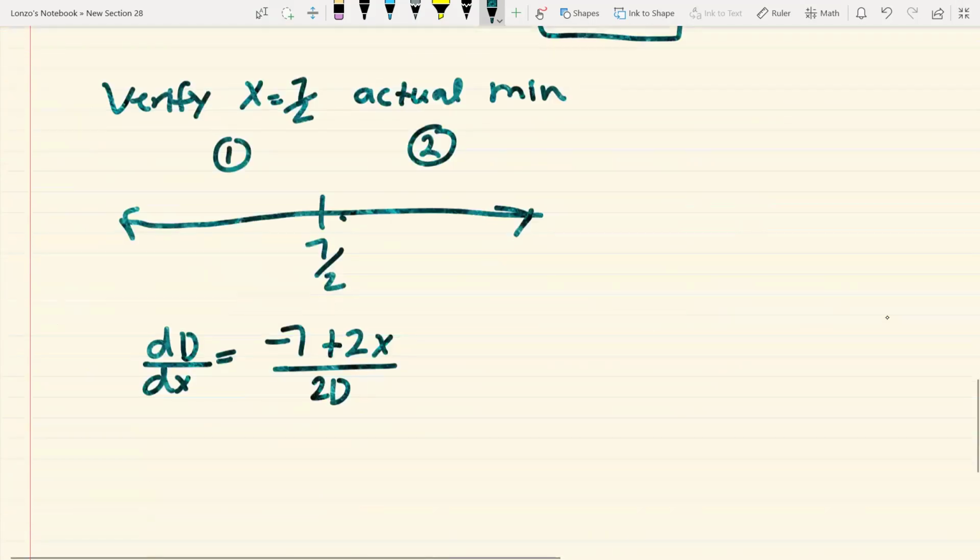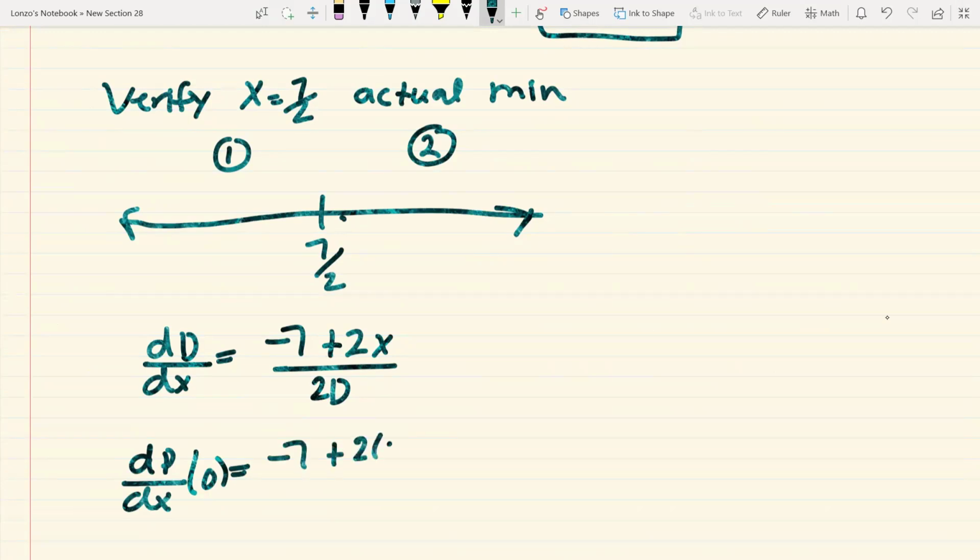So 7/2 is about 3.5. So I need a number less than 3.5. Maybe I'll just use 0. That's negative 7 plus 2 times 0 over 2d. The 2d is really irrelevant, you don't need to worry about it. So this is just 0 plus negative 7, which is negative 7. So it's just a minus.